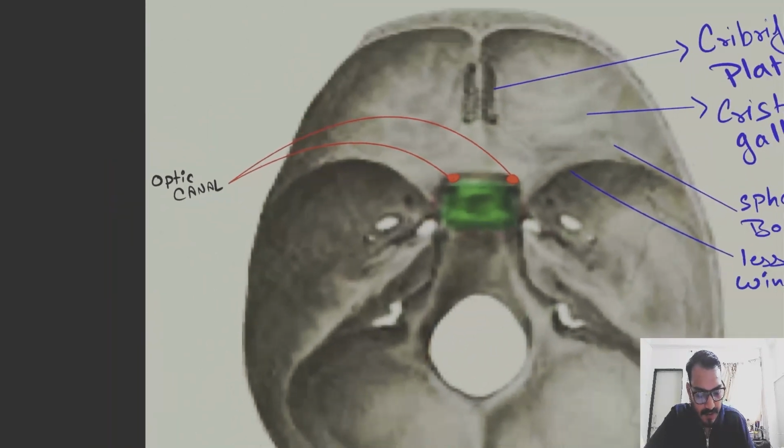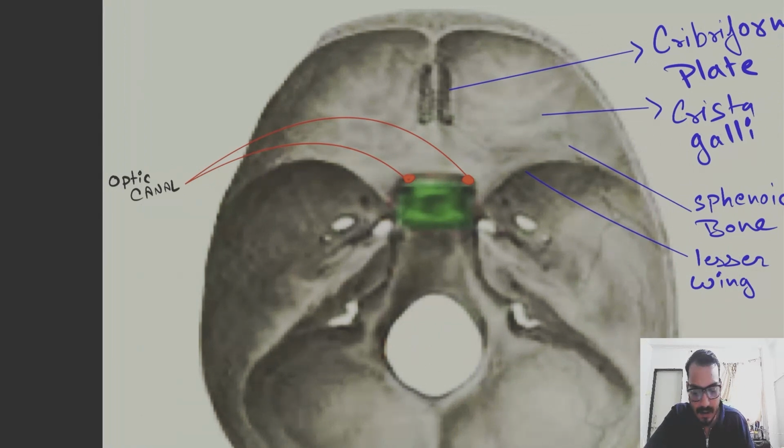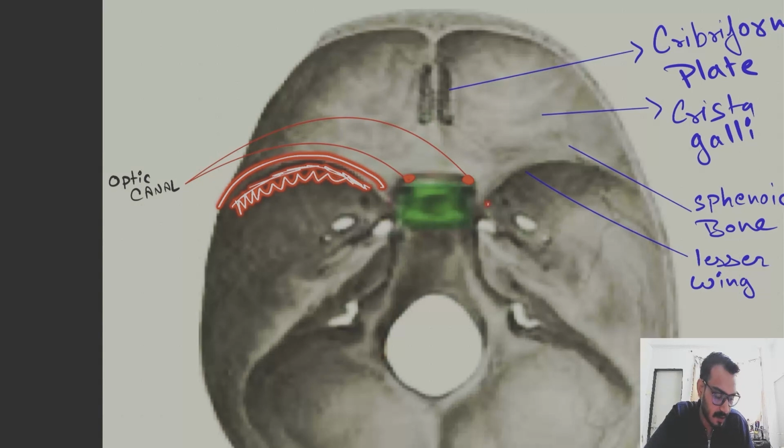The third thing which you should know here is, see, we all know this is the lesser wing. Just below the lesser wing we have one hole.